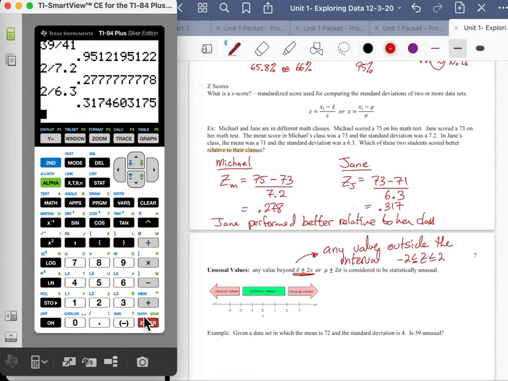So if the z value is in between -2 and +2, then we would say it's considered a usual value. Anything outside of that would be considered unusual.